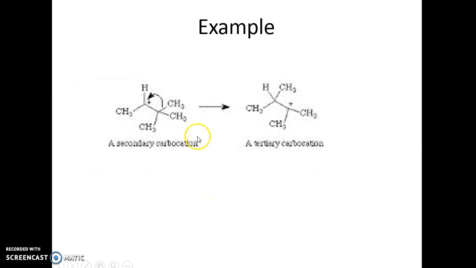Here you see an alkyl shift to go from secondary carbocation to tertiary, which is just another example. It's always that a less stable carbocation shifts either an alkyl group or a hydrogen, a hydride, to form a more stable carbocation.